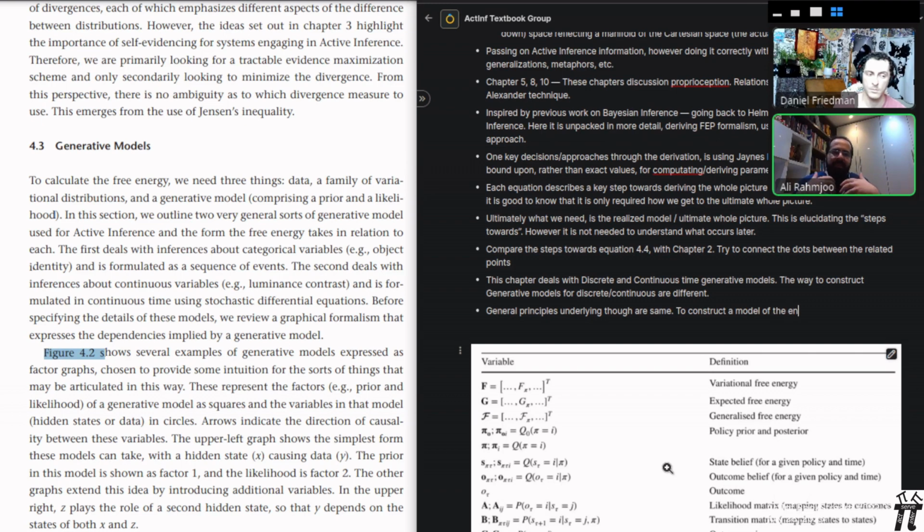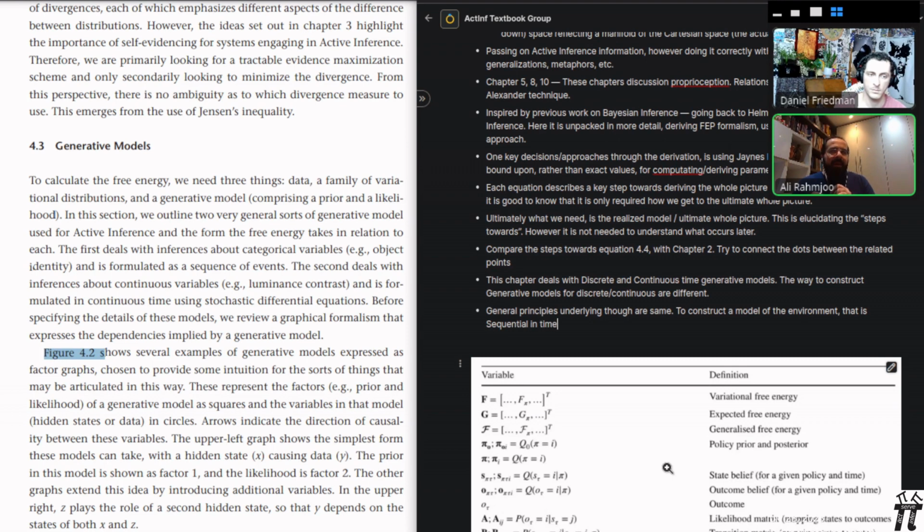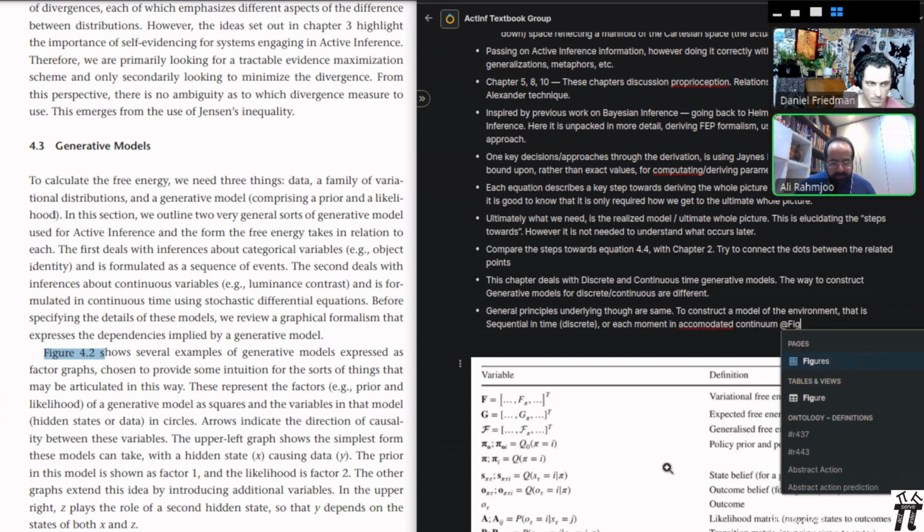Either for a situation that is sequential in time, or for situations where each moment needs to be accommodated in terms of a continuous time situation. So figure 4.2 provides some examples of both.